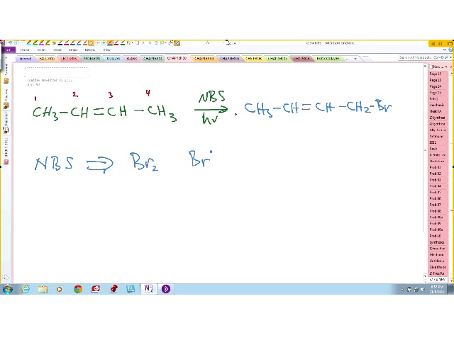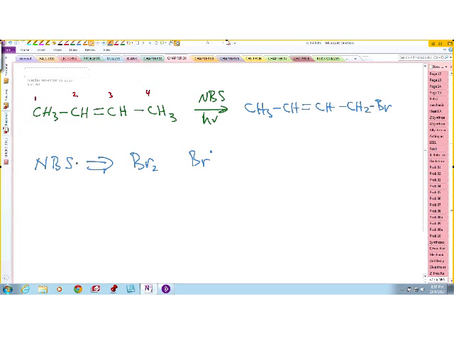Therefore, supposing I give you this reaction, NBS reacting with this molecule to give this, and I say give me the reaction mechanism, then you have to give me the same mechanism that I gave you earlier, in which you already have the initiation step, and then bromine is here.